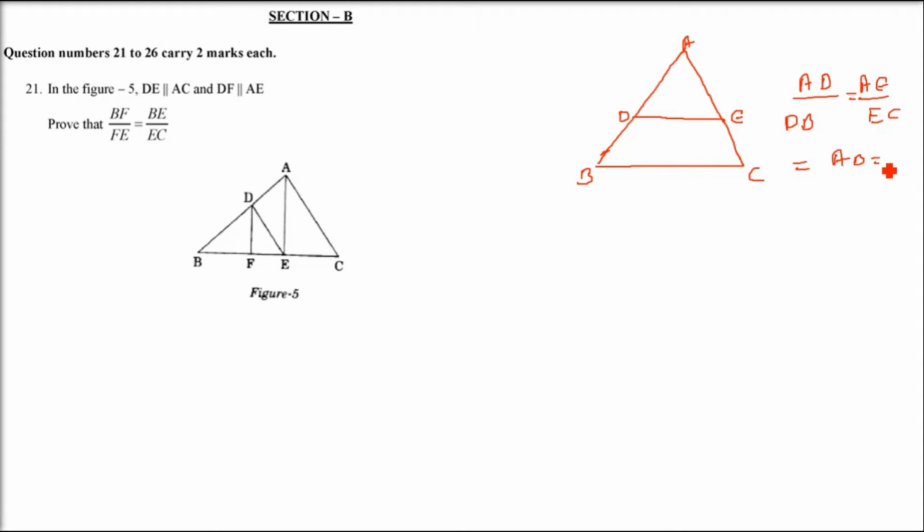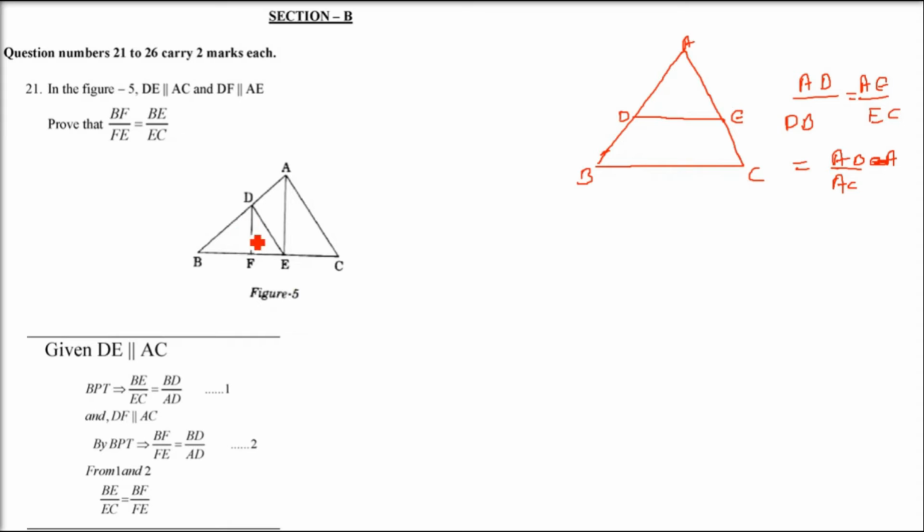This is also equal to AB by AC. We are taking the ratio of the corresponding parts this line has cut. Same concept we are going to apply here, one by one.